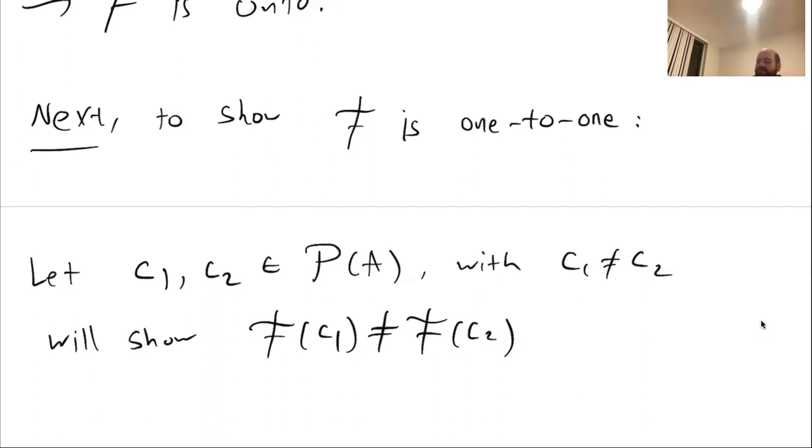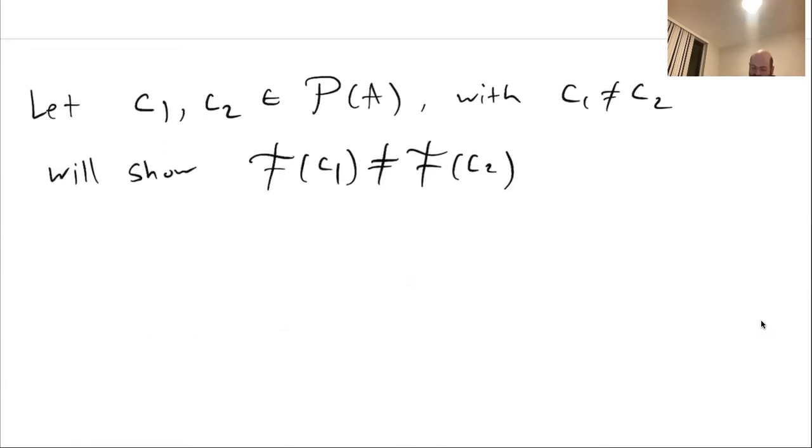Now, C1 and C2 are elements of P of A. Therefore, they are subsets of A, so they are sets. Now, by assumption, C1 is not equal to C2.